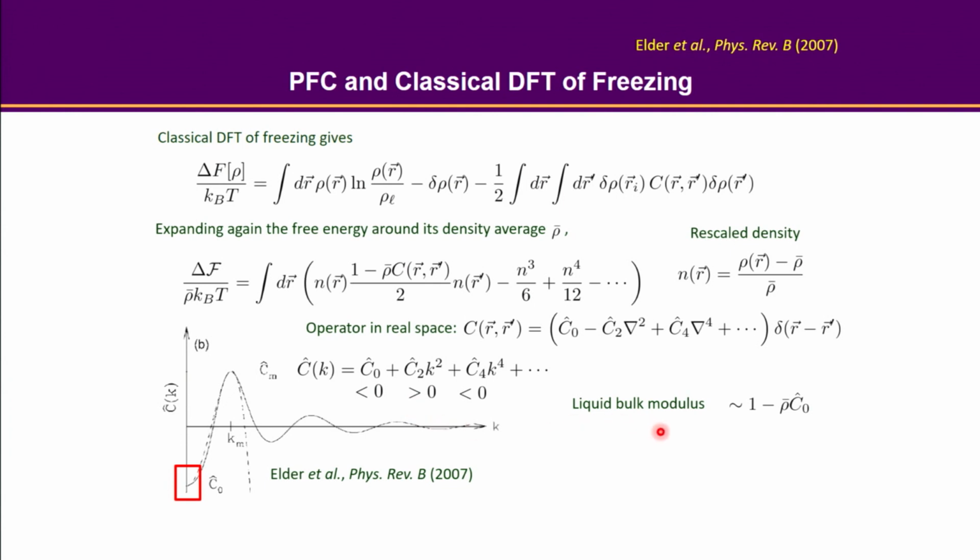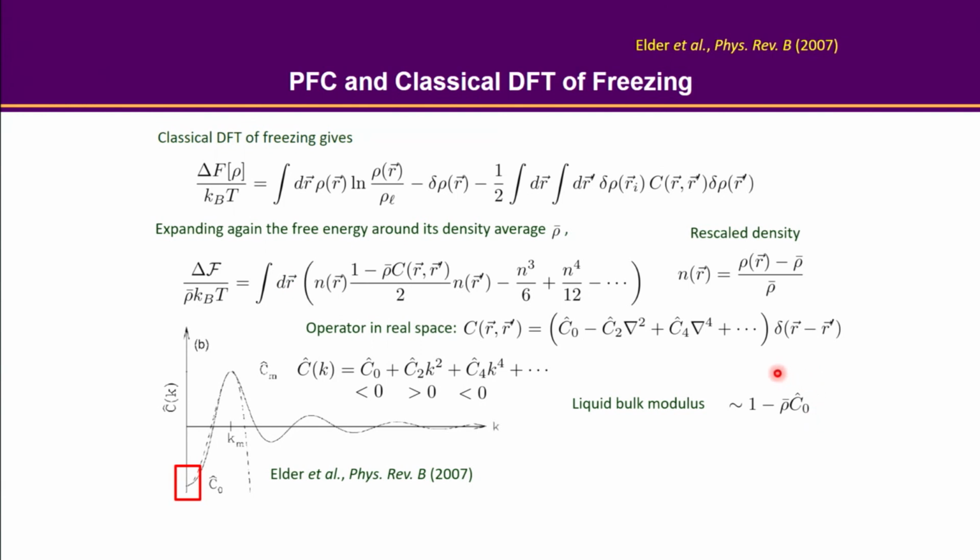For example, we know this 1 minus rho bar C, if we take the k equal to 0 mode, right? So in Fourier space, 1 minus rho bar C0 basically corresponds to the bulk modulus of the liquid. Which means if you compress your liquid, you're expecting the energy to get higher and higher, right? Something you can see straightforwardly from the free energy functional.